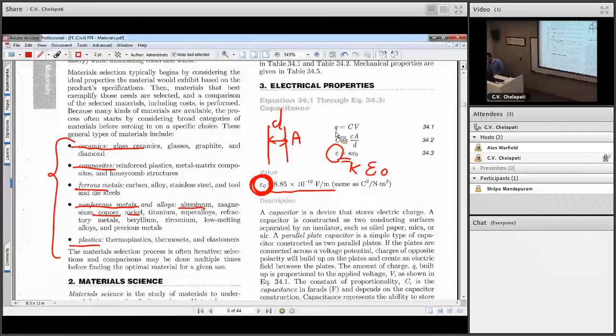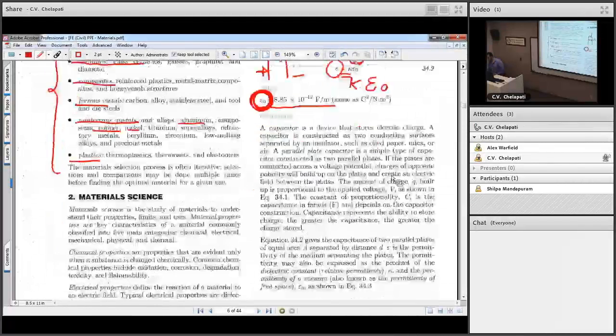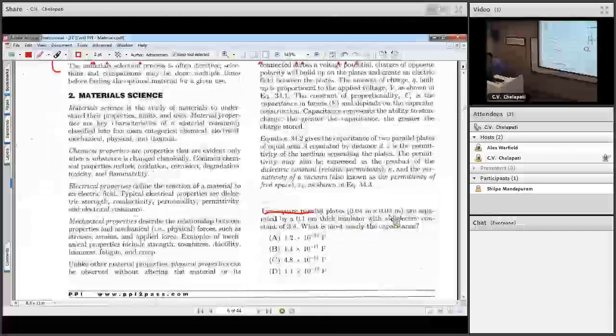Then you have a correction factor K, which is multiplied by the permittivity. There's a table here that lists different K values, which I'll show you earlier. So this is in the vacuum, which is the permittivity, and then the actual permittivity is a constant K multiplied by the permittivity in vacuum.